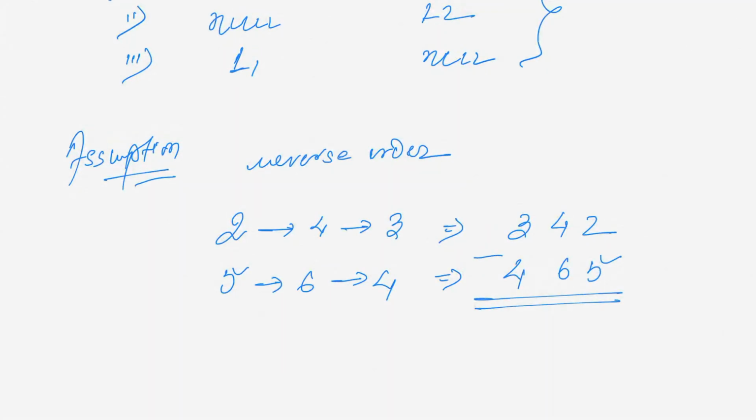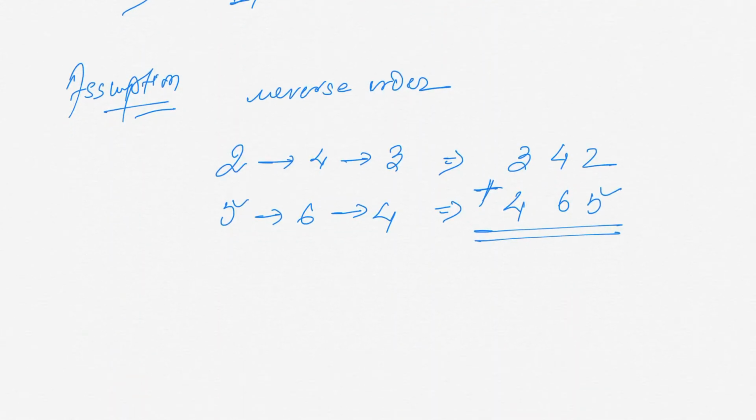When we add these linked lists, it's pretty simple, like elementary math. 5 plus 2 is 7, 6 plus 4 is 0 with one carry that goes to the next place, and 4 plus 7 is 8, and this could be the result.